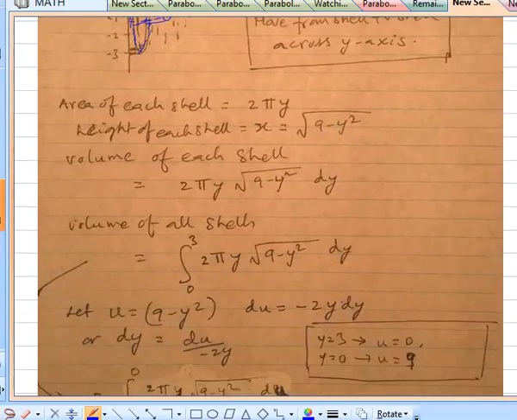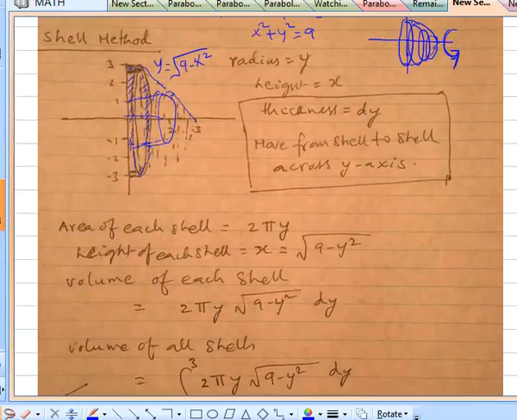I take the integration, and do we integrate over the x-axis or the y-axis? If we look at the picture, you can see that this is along the y-axis that we are changing the value of y. So this is dy. When you have dy, you integrate over the y-axis.